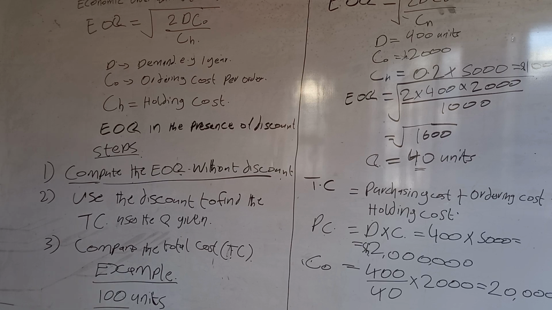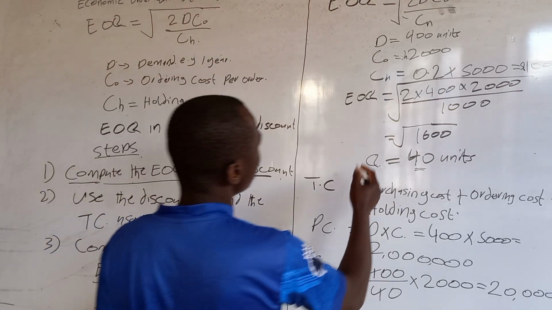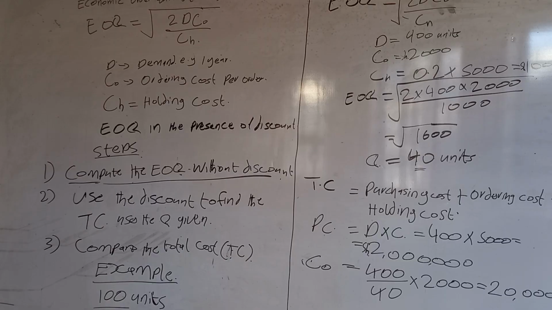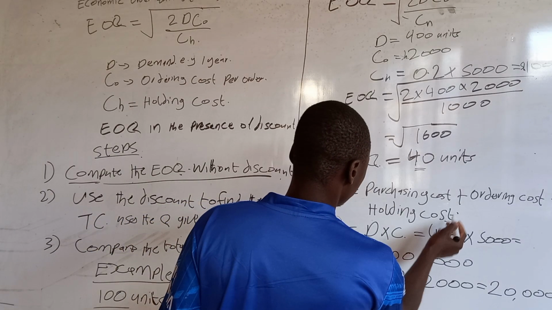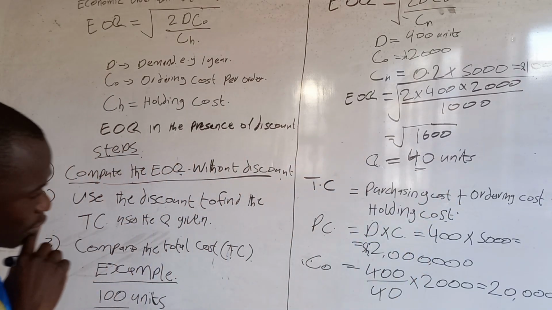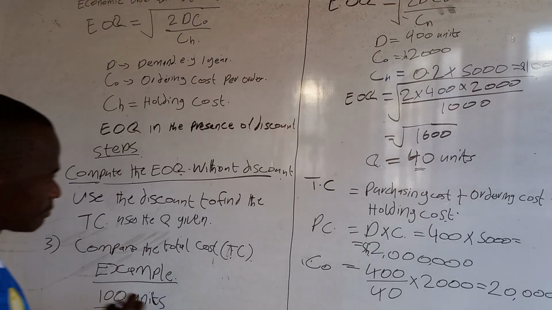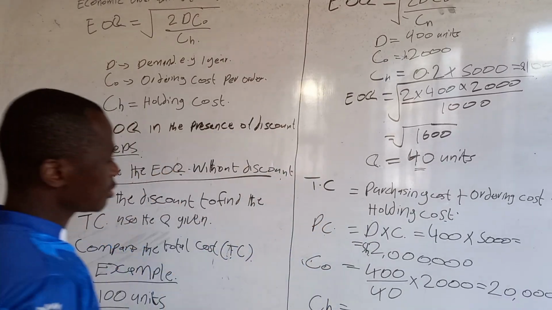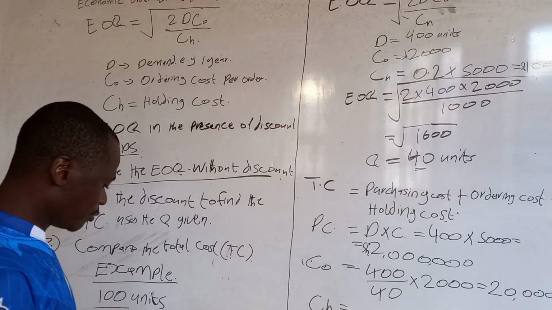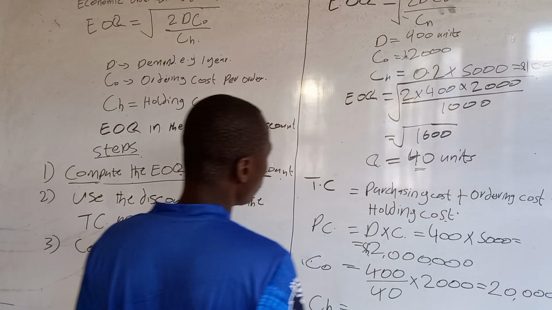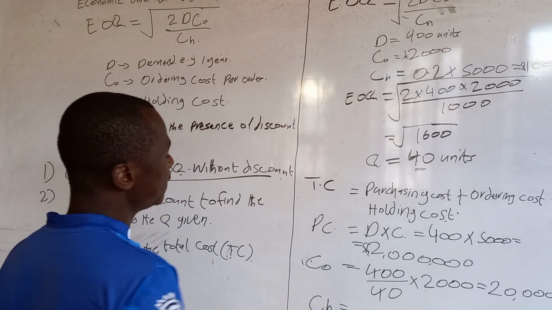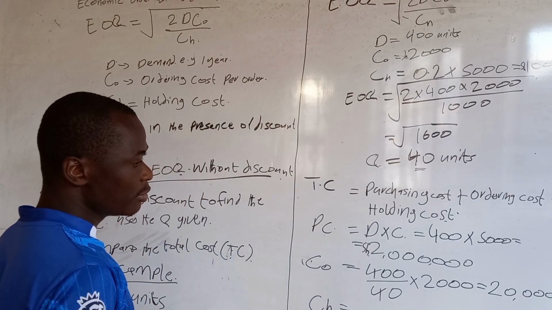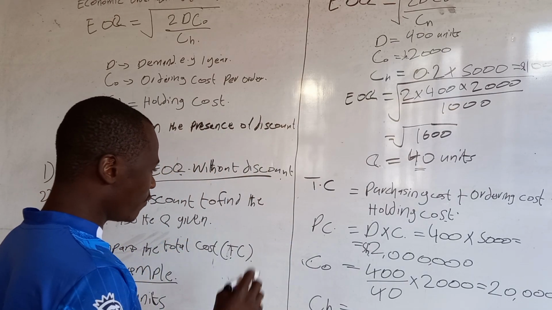The next one is the total holding cost. How do we find holding cost? It is CH per unit. So we had how many units per order? 40. Then we divide it by 2 to find the average.